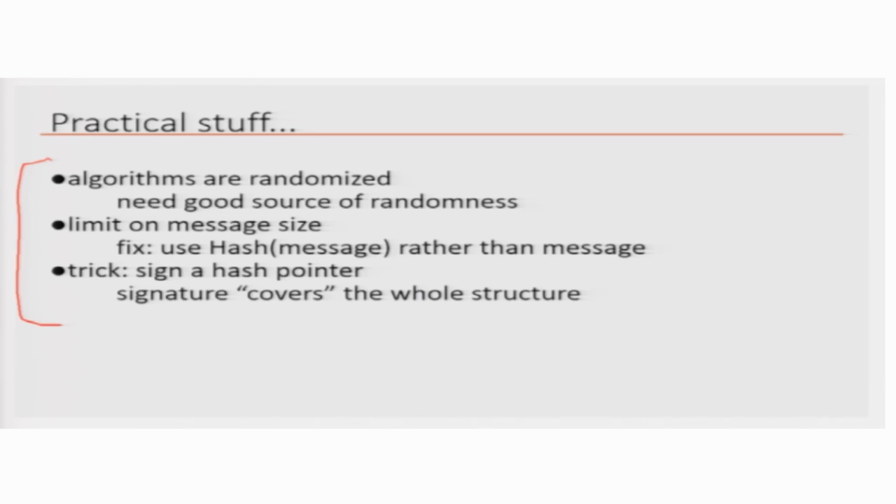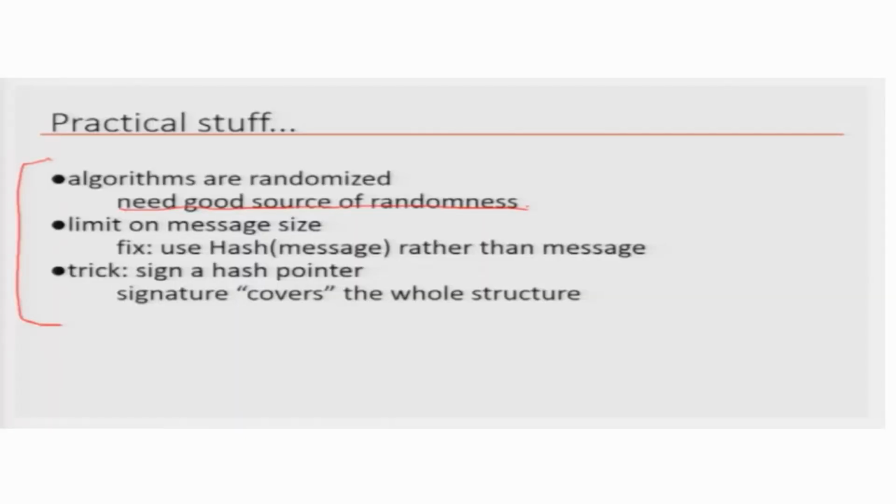Now, we know that the creation of random numbers is very difficult, and many times the function that produces random numbers turns out to be not very random, and that has been a source of problem in many cryptographic techniques, and people have been able to decipher keys by using the fact that the randomness that you thought was random was not very random, and they could reconstruct it. So, it is very important to have a good source of randomness. Without that, the whole construction of cryptography digital signature will fail.